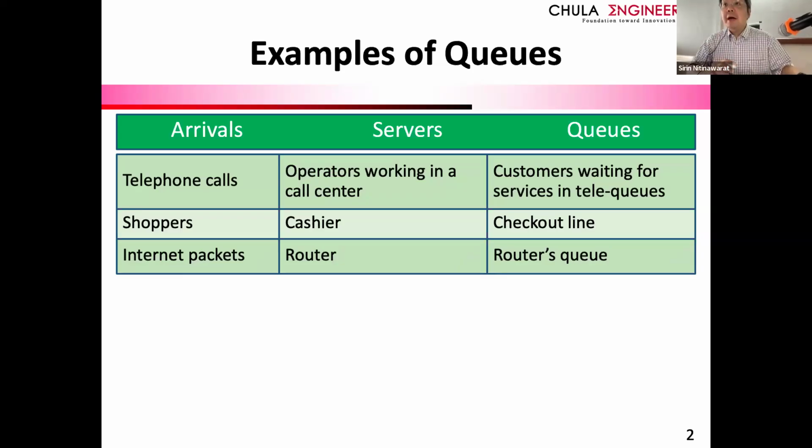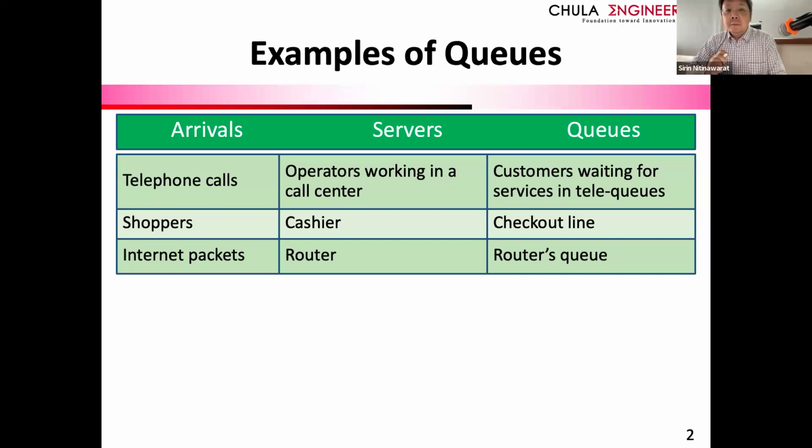And of course, a primary example, most relevant to this course, is the queues in a packet switching network, like the internet. The entities that are queued are incoming packets to, let's say, a router with a queue.